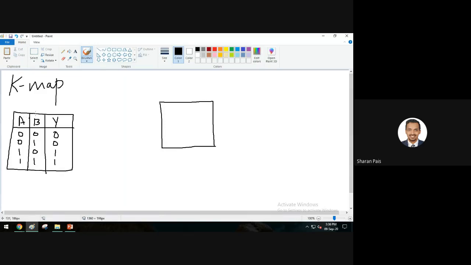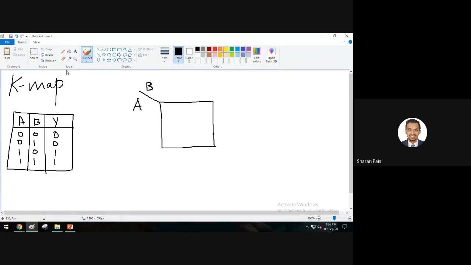I'll divide this map into half. On this side I'll use A and on this side I'll use B. Listen carefully, very important. This is your Module 2 first concept, K-maps.